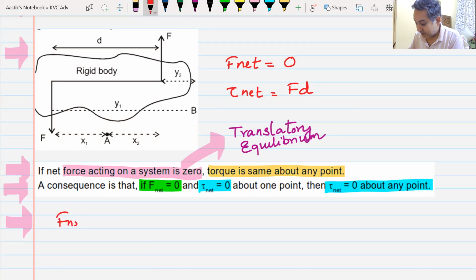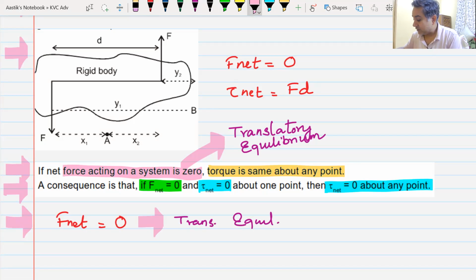If F net is zero, then the body is in translatory equilibrium. That implies the torque will be the same at any point.